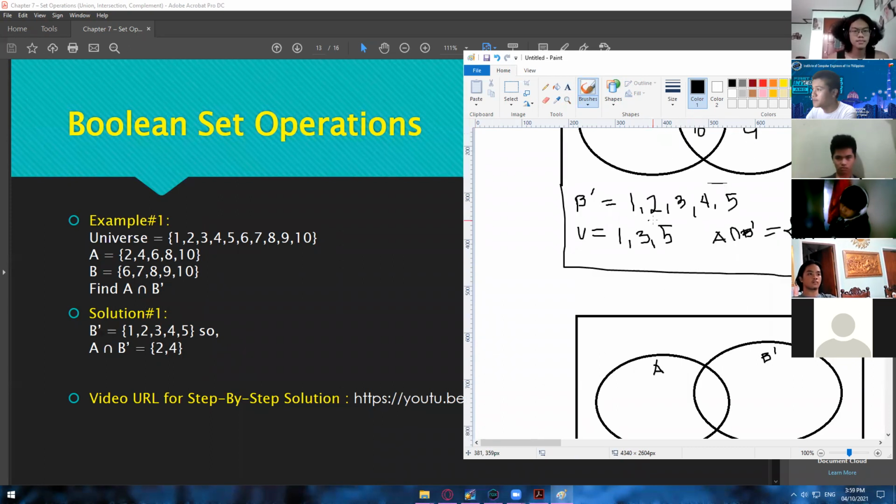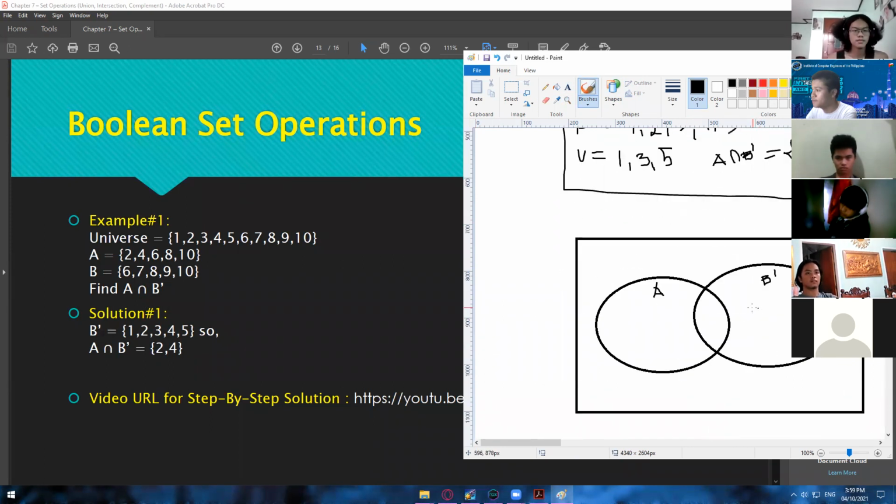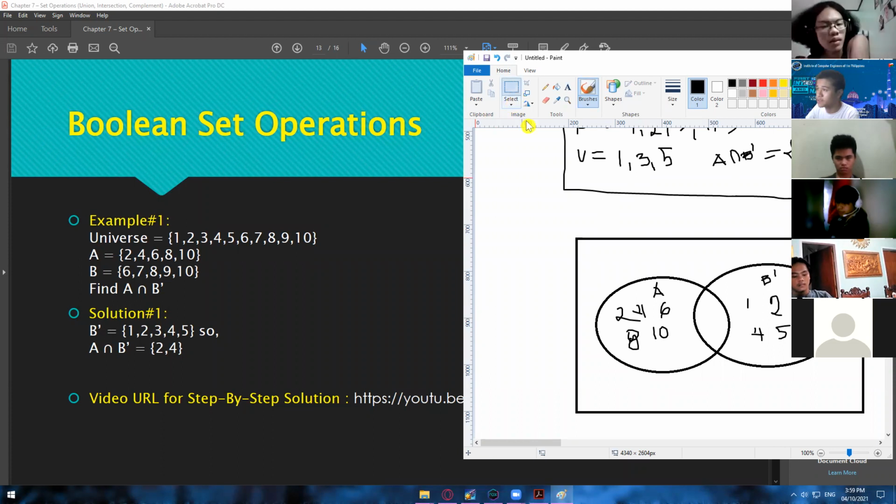So B complement is 1, 2, 3, 4, and then 5. And then A itself is 2, 4, 6, 8, and then 10. And then check the commonalities. So we have 2 and 4 in common. Simply remove them and put them in the middle.